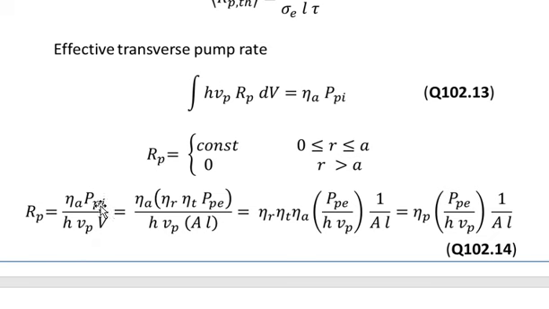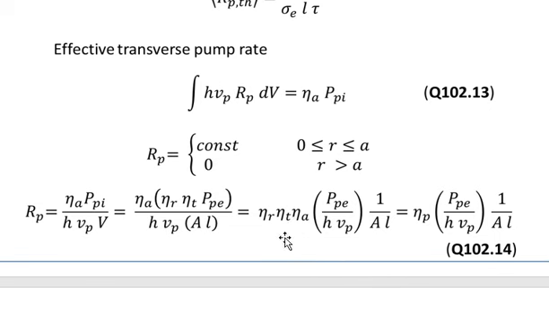And you see that I have substituted the value of PPI, the incident pump power, which has been replaced by the product of two efficiencies, the radial efficiency and the transfer efficiency, times the electrical power to the pump, which is PPE.